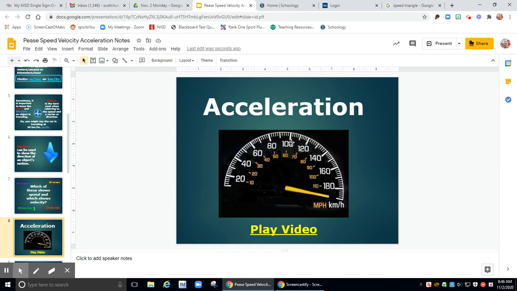So a couple years ago, I drove into Canada. And of course, being a science teacher, I knew this was going to happen. But for people that may not be paying attention, when you drive over the border into Canada and you see a speed limit sign that says 100 kilometers per hour, you need to remember that that's in kilometers per hour, not in miles per hour.